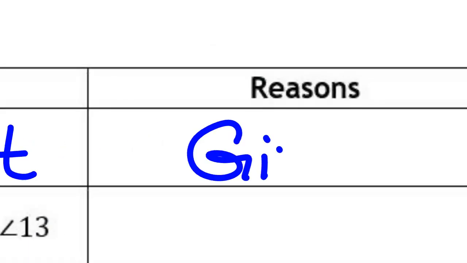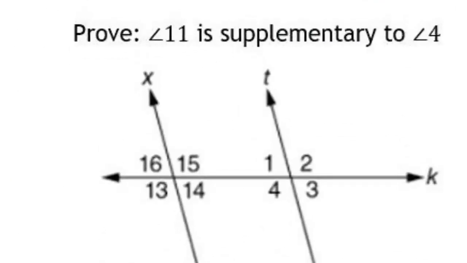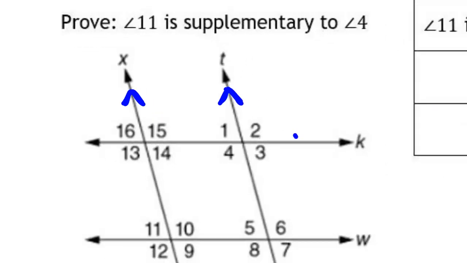That is given. All right, so X and T are parallel. K and W are parallel. Marking that on my picture.